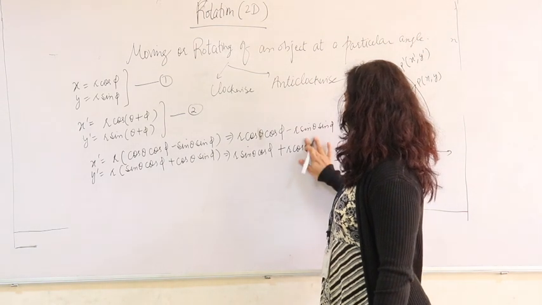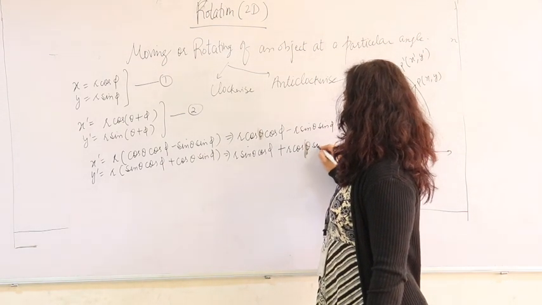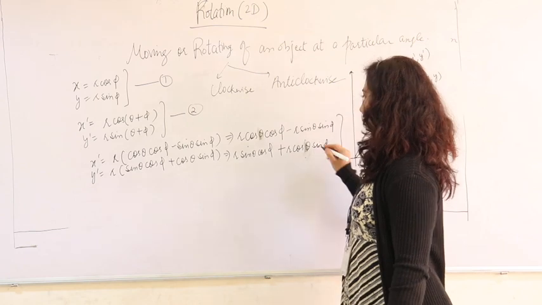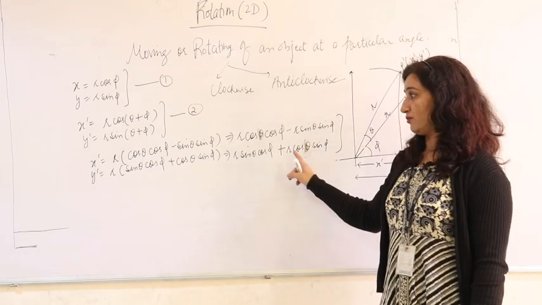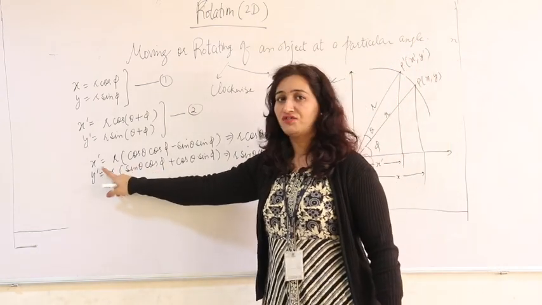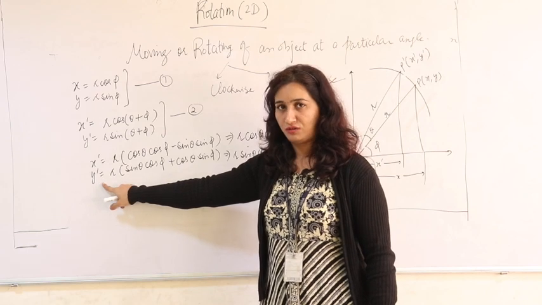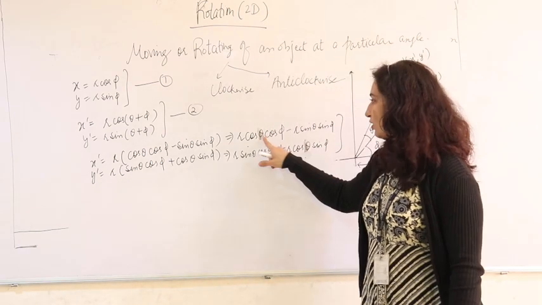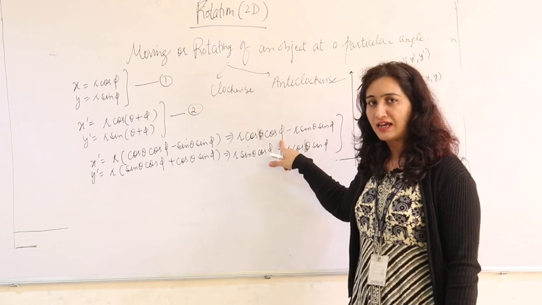Now this whole equation, that is x dash and y dash, which is the new position after the rotation, is in terms of the angle theta and the angle phi.